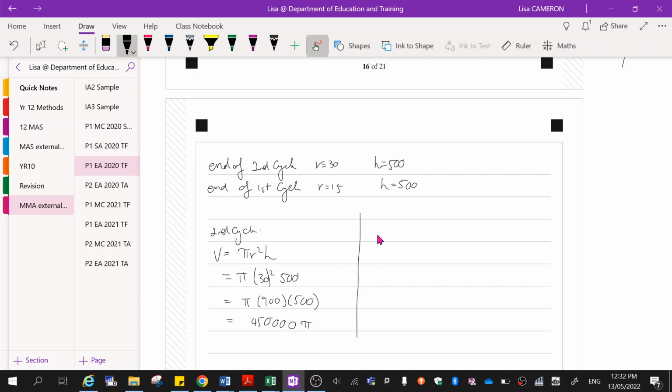Let's do it for the first cycle. Volume equals pi r squared times the height, so pi times 15 squared times 500, which is pi times 225 times 500.